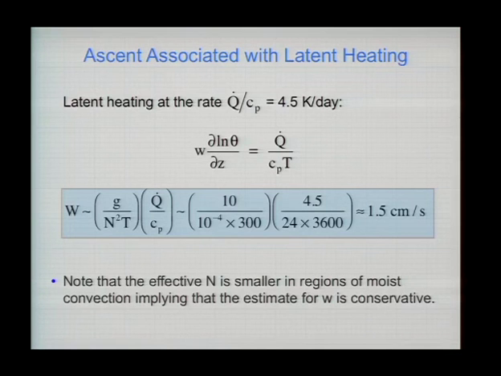If in the convective regions we've got upward motion balancing the heating, about 1.5 centimetres per second on average, and in the radiatively cooled regions we have subsidence at 0.5 centimetre per second, a factor of 3 difference. Well, the mass flux up has to be equal to the mass flux down. Otherwise we accumulate mass.